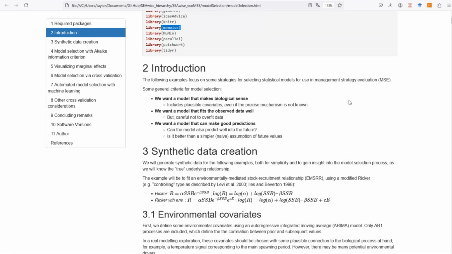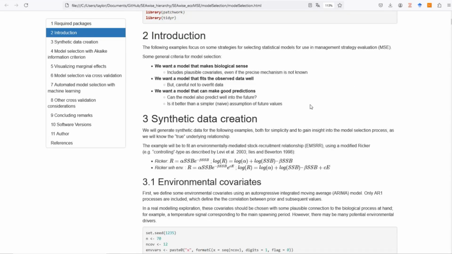Okay, so the general introduction. We're going to focus on some examples for strategies for selecting statistical models for use in management strategy evaluation. Some of the criteria that we want to consider when choosing our models, as has been mentioned already several times, is we want it to make biological sense.